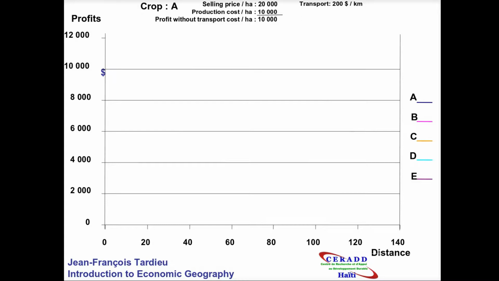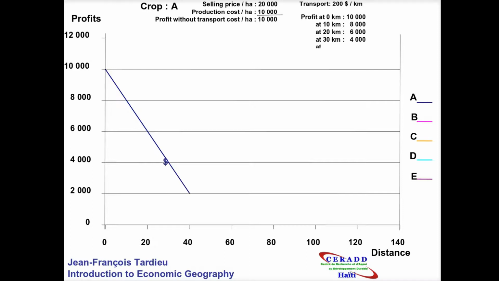Because of transportation, this benefit decreases when one moves away from the city. Thus, for this product, the profit decreases by 200 currency units every kilometer. So if product A is grown in the vicinity of the city, it will yield 10,000 currency units per hectare. At 10 kilometers, it will bring back 8,000 monetary units.